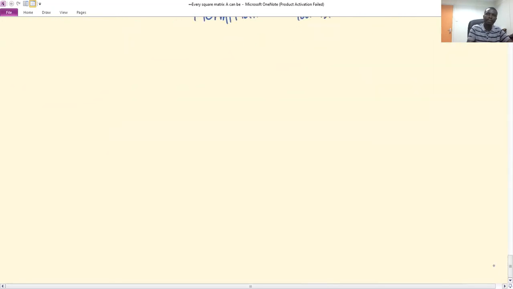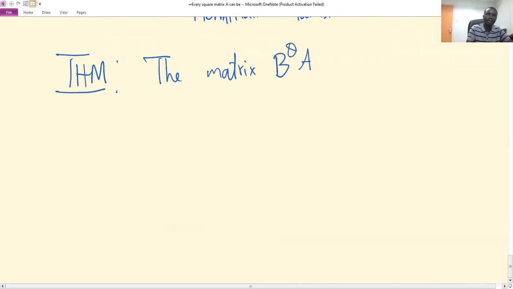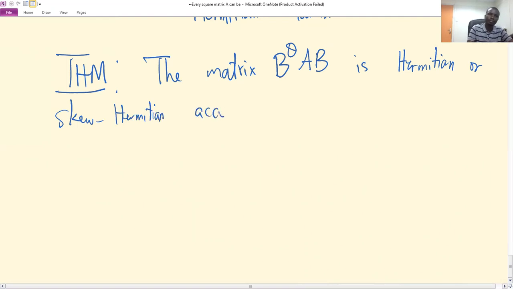And then a theorem: the matrix B power theta AB is Hermitian or skew Hermitian according to A being Hermitian or skew Hermitian.